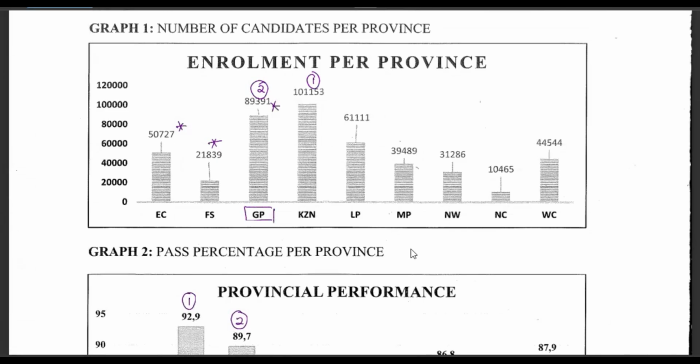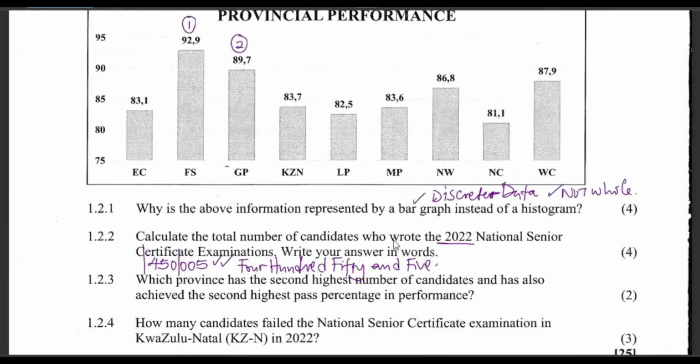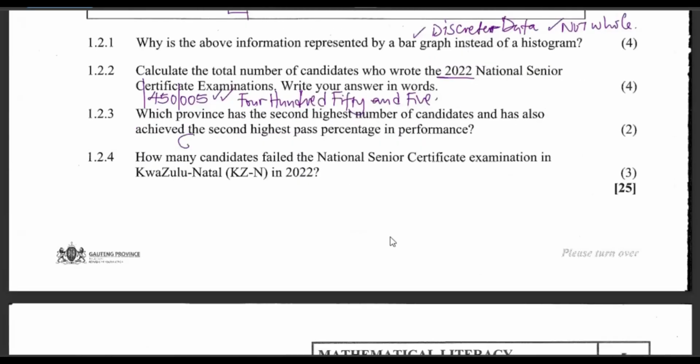GP. And when it comes to performance, GP also takes second. So the answer was supposed to be GP, simply standing for Gauteng Province. Whoever wrote it like that gets a mark, and whoever wrote it the other way around also gets a mark.